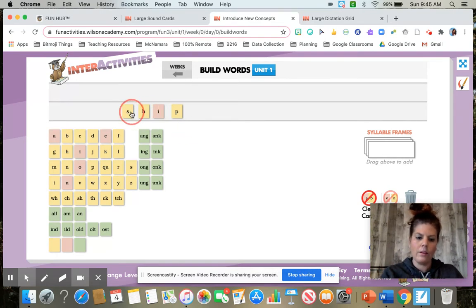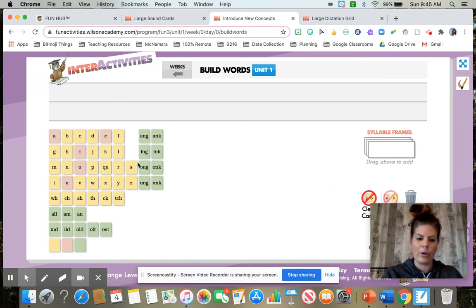Well, we know that when we have SH, it is together as a digraph, so we don't want to use our individual cards. We need to use our digraph card. Let's try that again. Sh, i, p, ship. That's right. Even though there are 4 letters in the word ship, there are only 3 sounds.